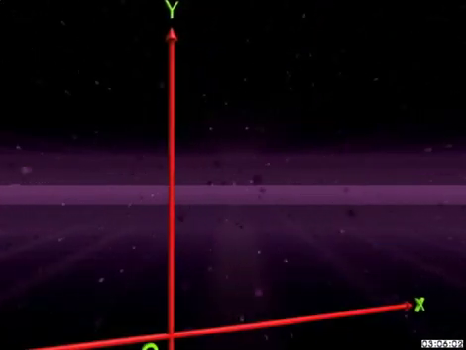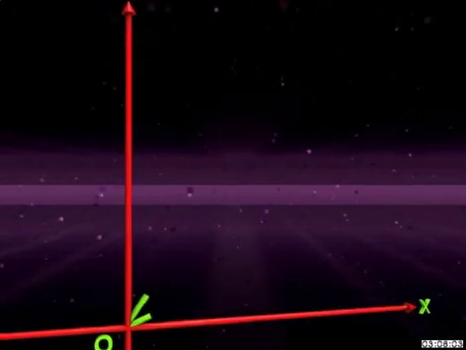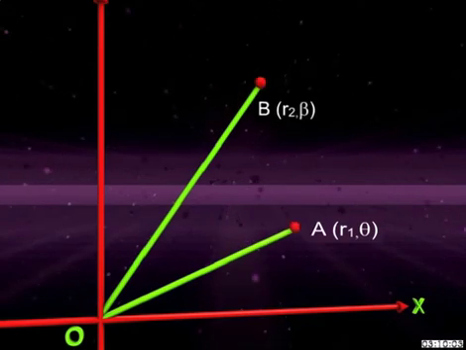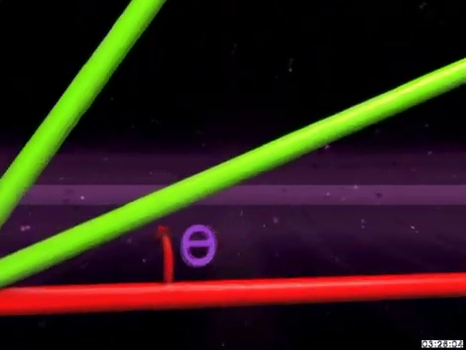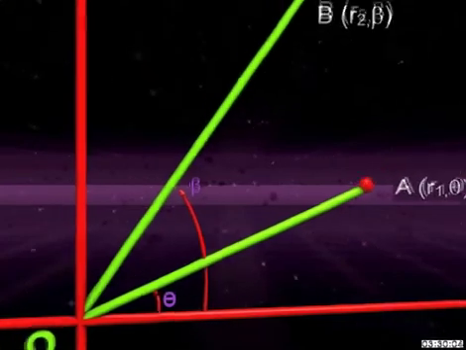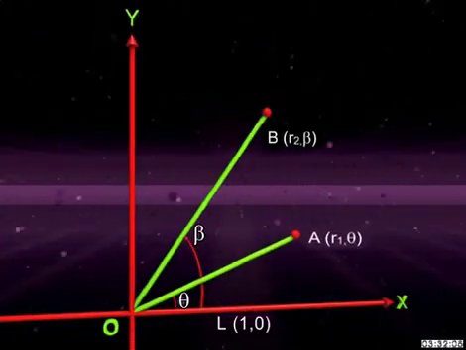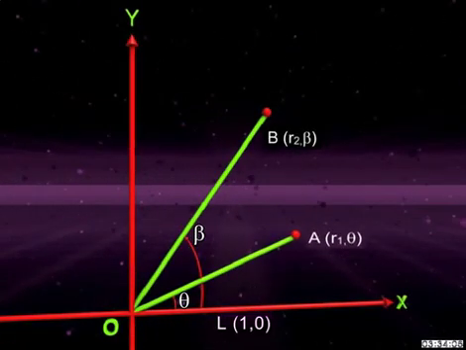To find the product of two complex numbers geometrically, consider two complex numbers with polar coordinates. Let the two complex numbers be A, z1 with coordinates r1 theta, and B, z2 with coordinates r2 beta, in the complex plane. Now consider the real axis and imaginary axis with O as the origin.